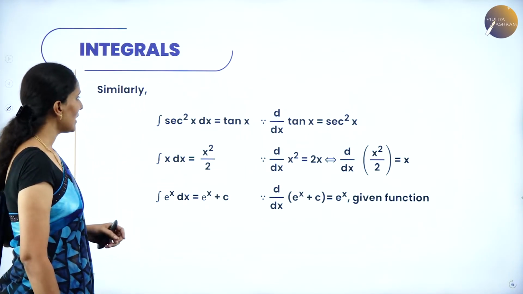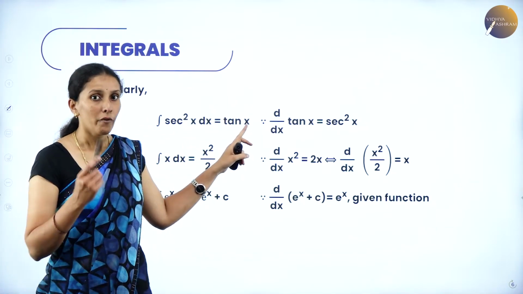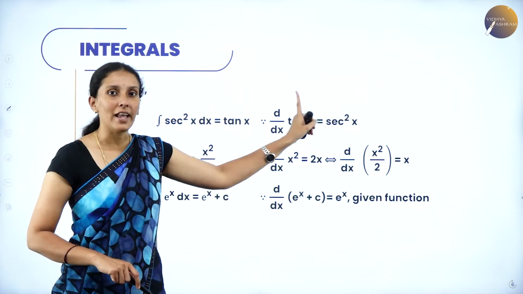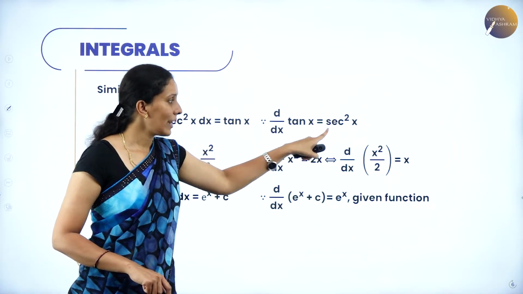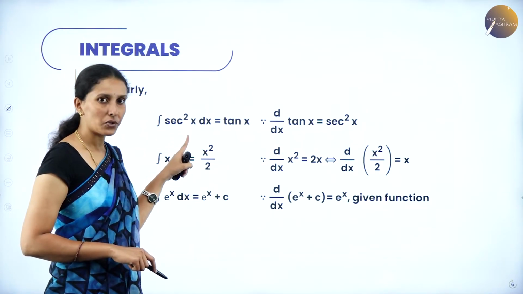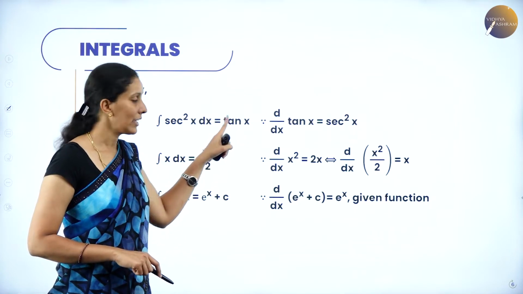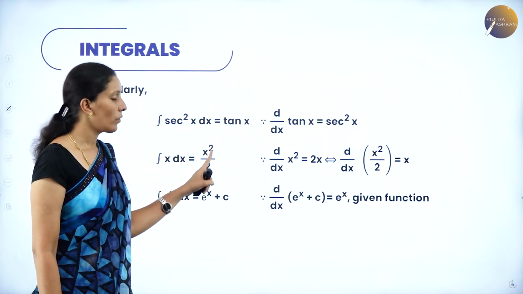Similarly, you can see here integration of secant square x is tan x. Why? Because the derivative of tan x is secant square x. So secant square x is the derivative of tan x, and hence we can write integration of secant square x with respect to x is tan x. Similarly, integration of x dx is x square by 2.